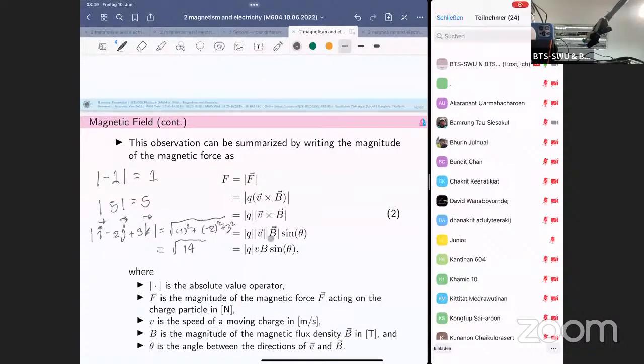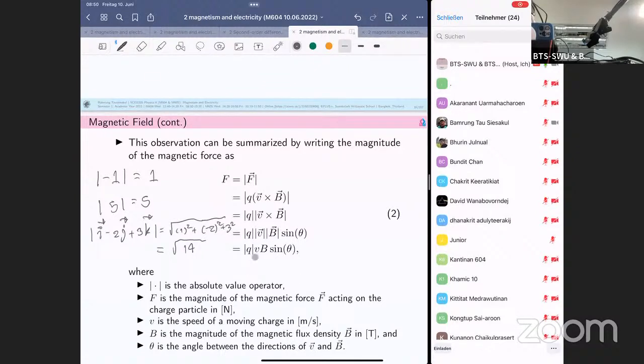to be the absolute value of the first vector, vector v, and the absolute value of the second vector, vector b. And one more term, the sine function of the angle, or angle of what? Theta is the angle between vector v and vector b.